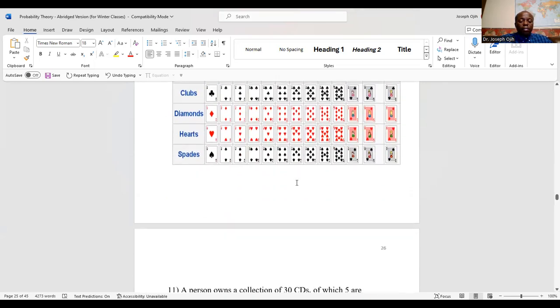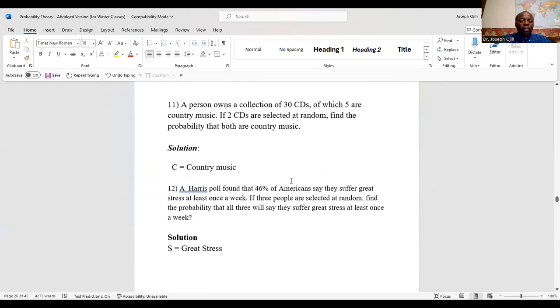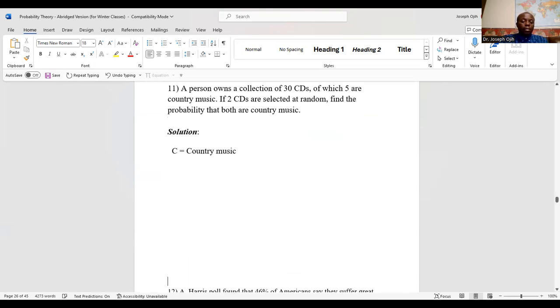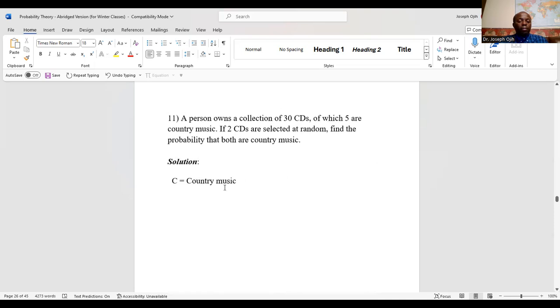Excellent, excellent. So let's look at this one then. It says a person owns a collection of 30 CDs, of which 8 are country music. If 2 CDs are selected at random, find the probability that both are country music. In this case, we use C to represent country music.